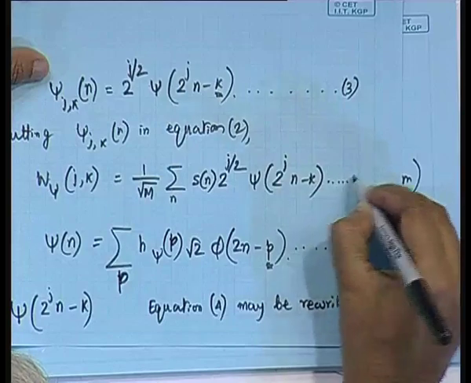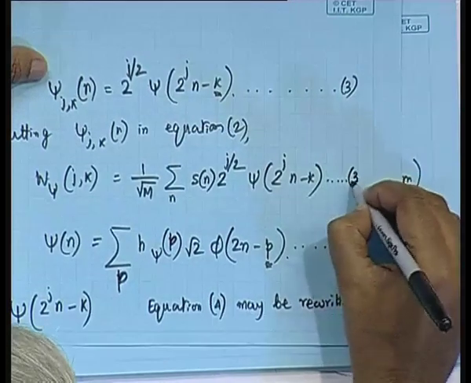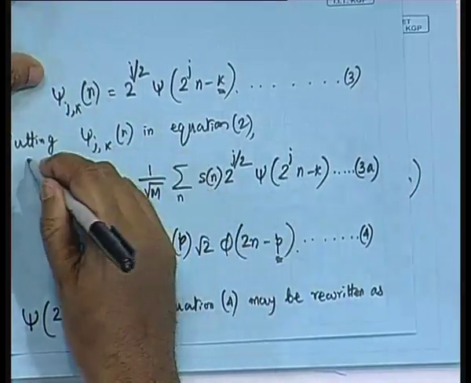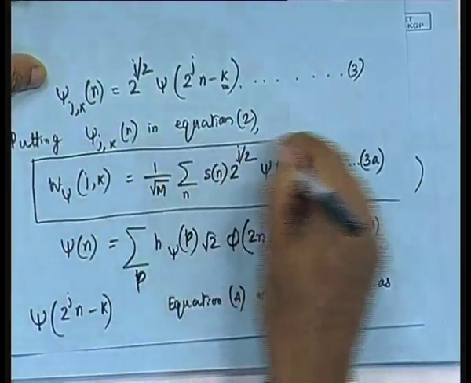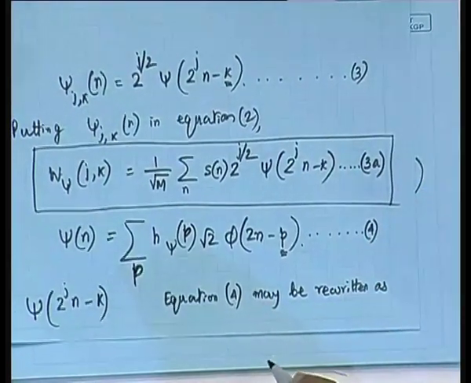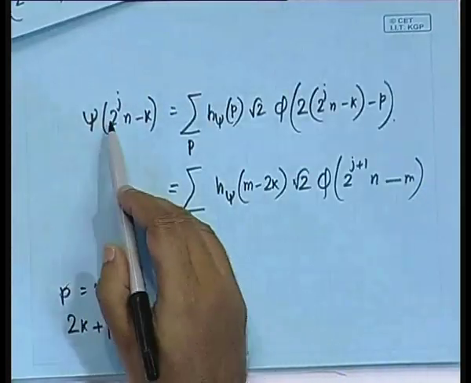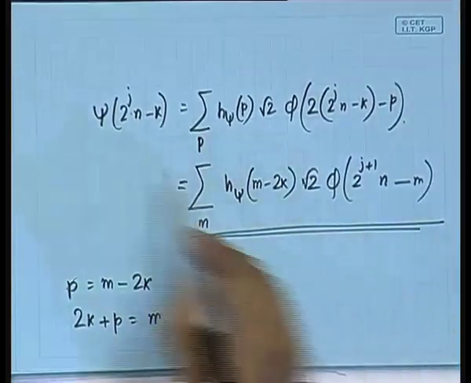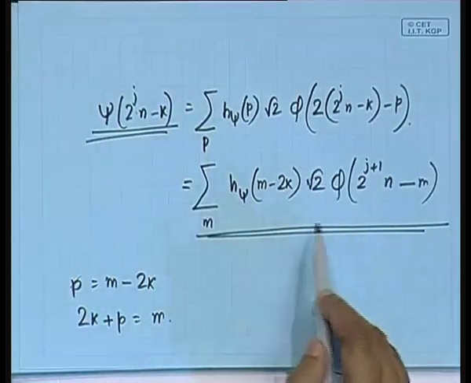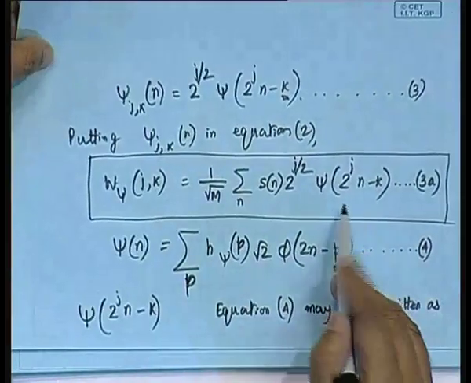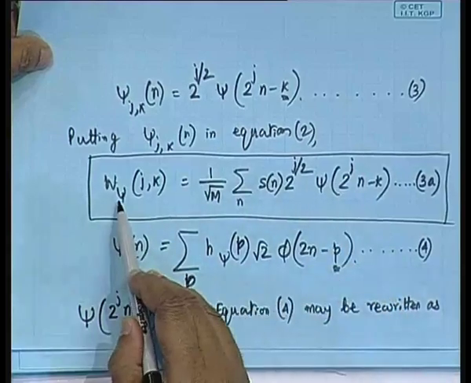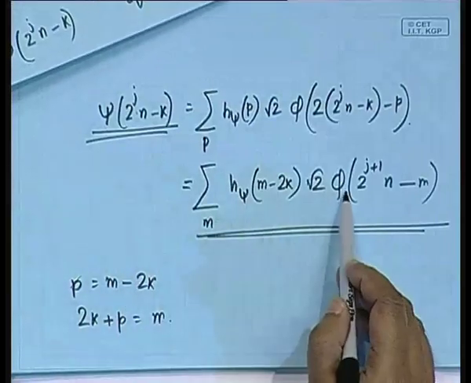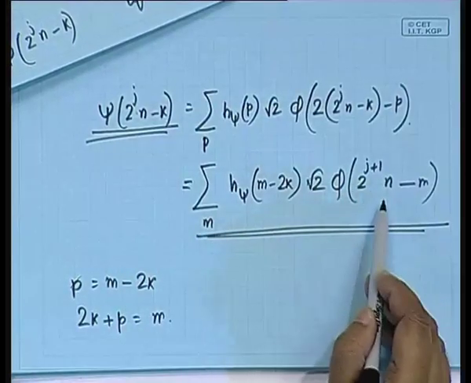Okay, so let us call this 3a. Now, in this equation 3a, whatever value of psi of 2 to the power j n minus k I have got over here, I will substitute in equation number 3a in order to express this W psi j k in terms of these phi's.